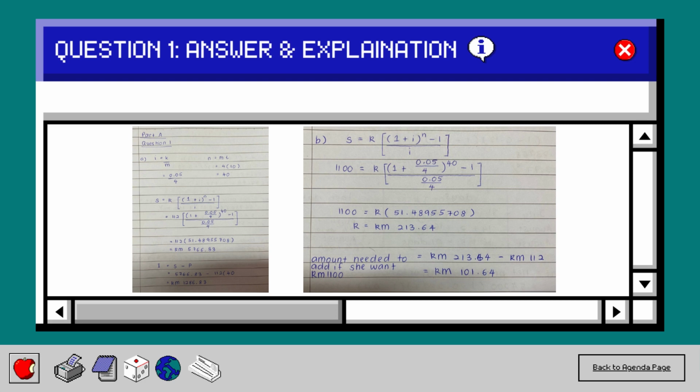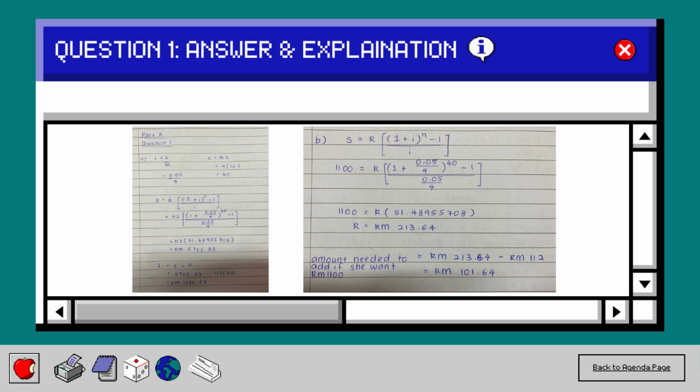Moving to the next question, for B, we just need to use the same formula. But for this question, it wants the extra amount that she needs to save. So we put the number that she wants, which is 11,000, in place of S, and we search for the R amount.